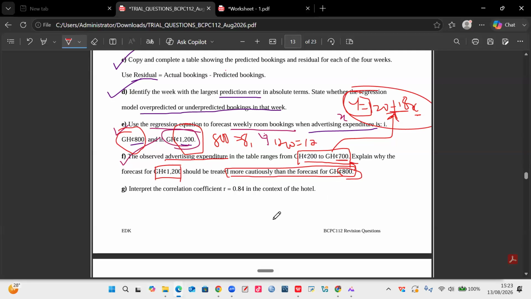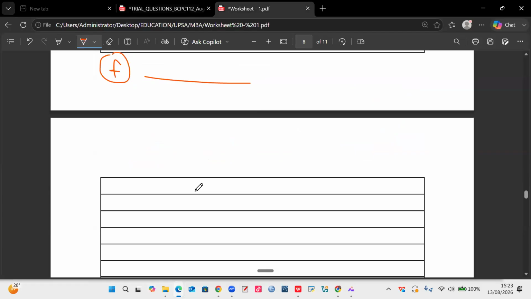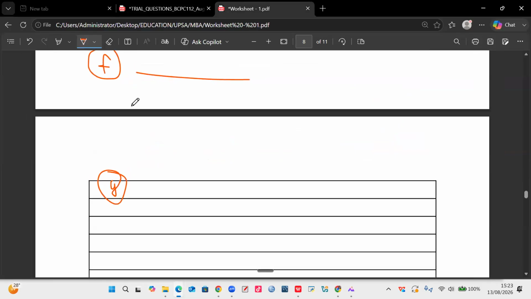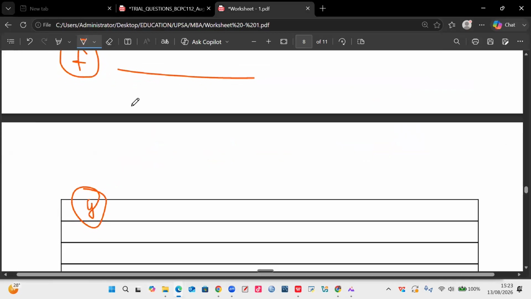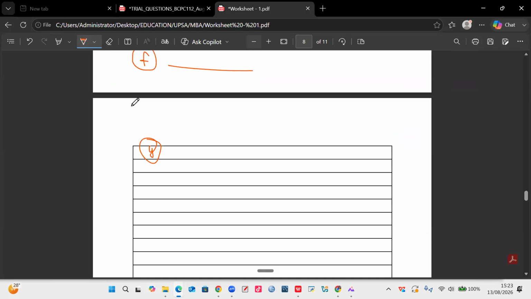Are you good? Yes, I am good. Okay. So G says, explain the correlation coefficient in the context of the hotel. The correlation coefficient R is 0.84.